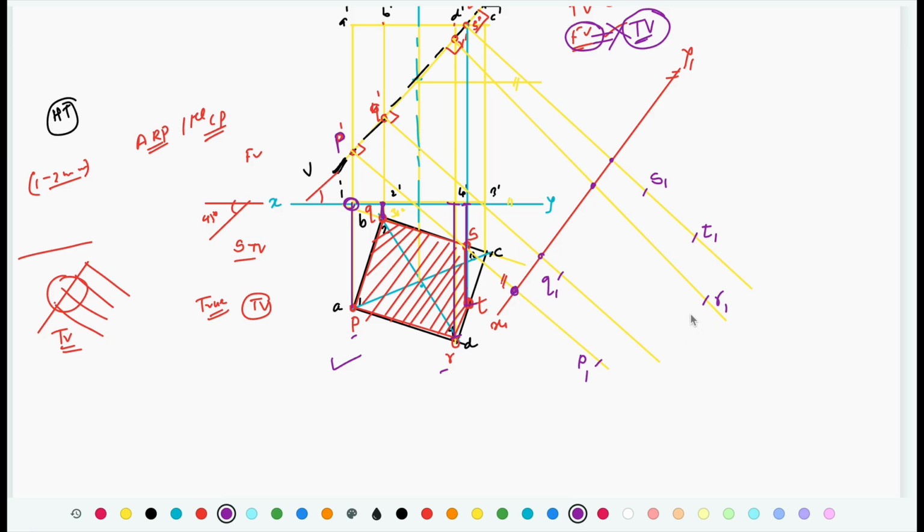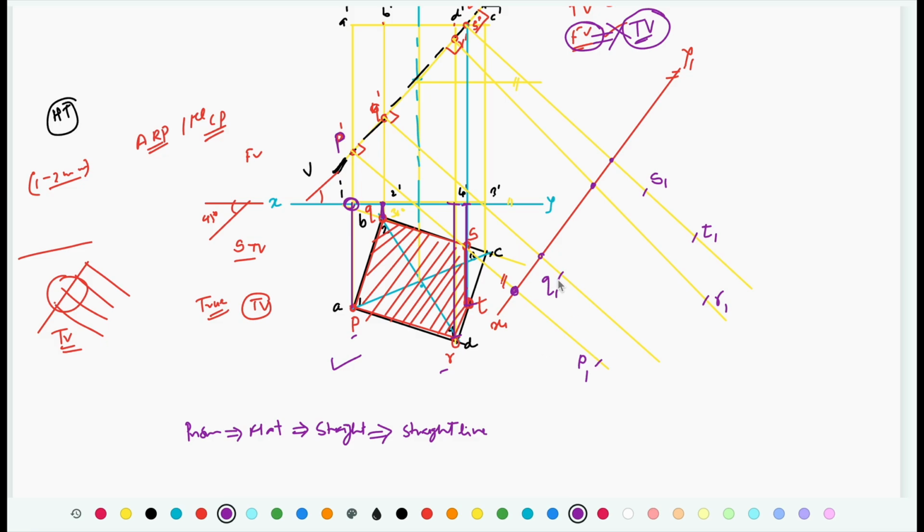Okay. And finally, the solid is a prism which has flat faces, and the section plane is also a straight line. So the section that you are going to draw, every point is to be connected with a straight line.